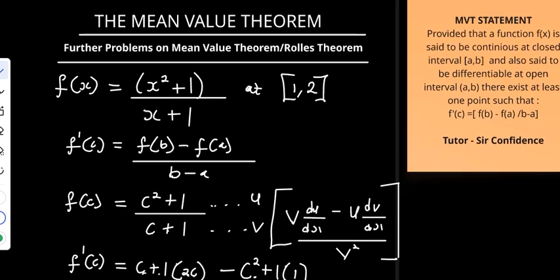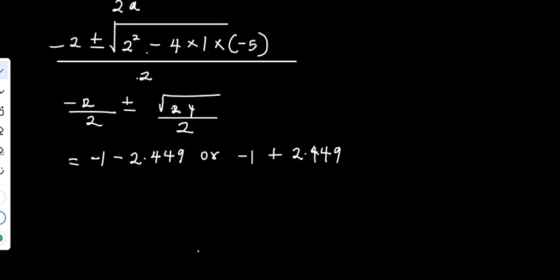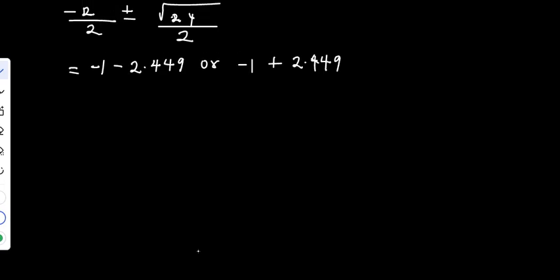Our interval is 1, 2. So between 1 and 2, all of this is going to give minus 3.449, or 1.449.